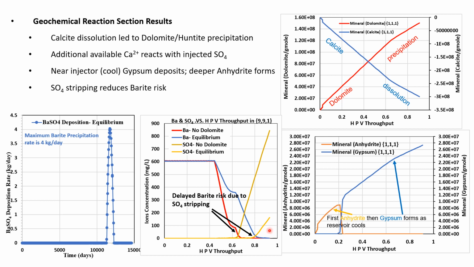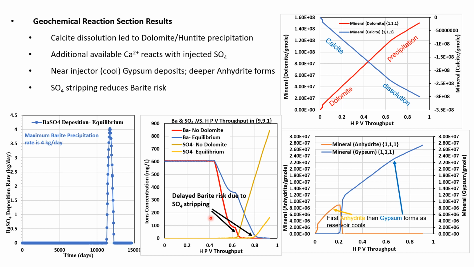In the no-dolomite case, due to no anhydrite reaction, SO4 is available to react with barium, so you can see it is much earlier than in equilibrium. That means the equilibrium reaction indirectly reduces the barite scale risk.